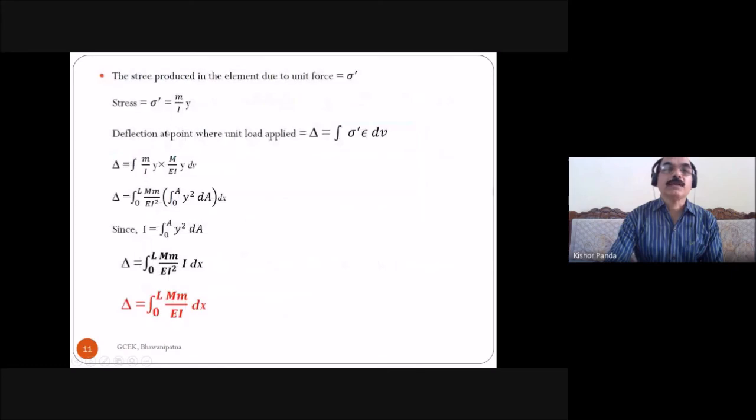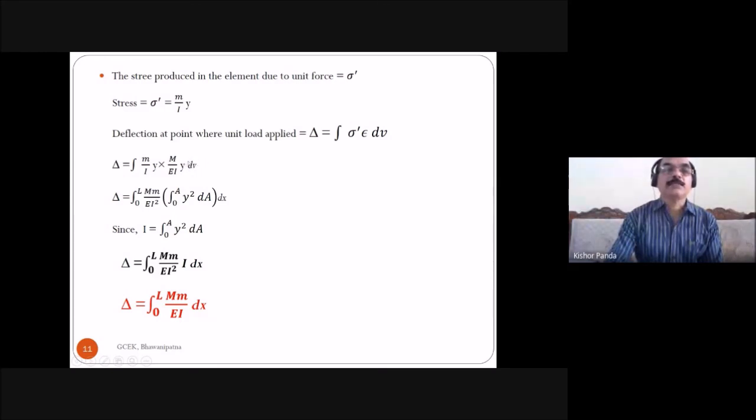Putting these into the deflection formula: small m by I into y, into capital M by EI into y, into dy. Then delta is equal to integration from 0 to L of capital M small m by EI square, and in bracket integration from 0 to A of y square dA, because this is the change in volume.